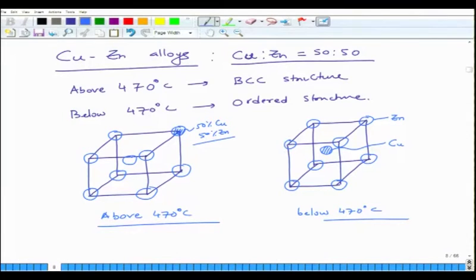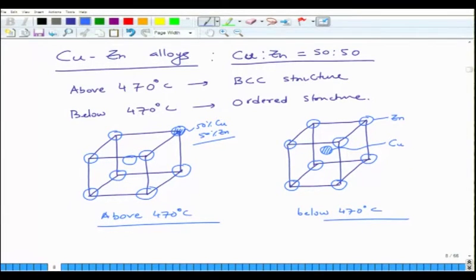So, there is no preference for any particular kind of neighbor. In this case, below 470 degree centigrade, copper prefers to have zinc as a neighbor and zinc prefers to have copper as a neighbor, because this changes the enthalpy. Enthalpy depends upon the number of nearest neighbors and type of nearest neighbors. So, this is determined by thermodynamics, what will be stable.